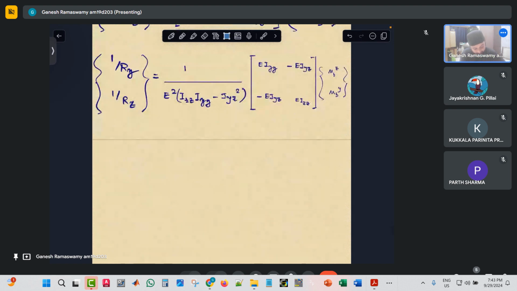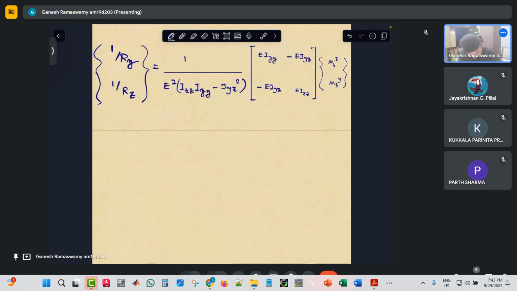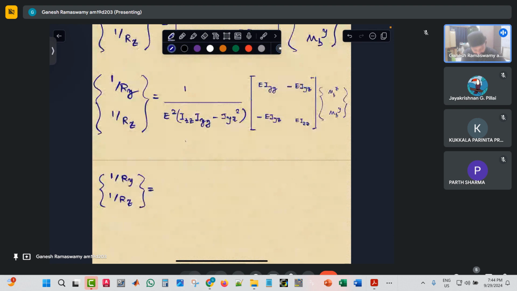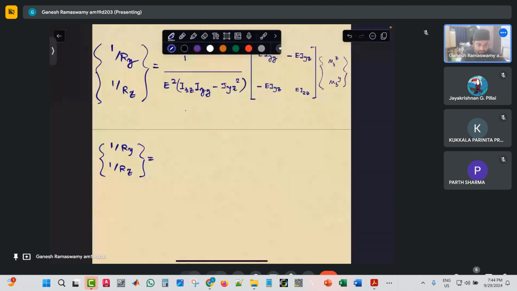So if we multiply this out, MBZ into, or rather I should, anyway, that calculation, because I don't want to run completely out of time.